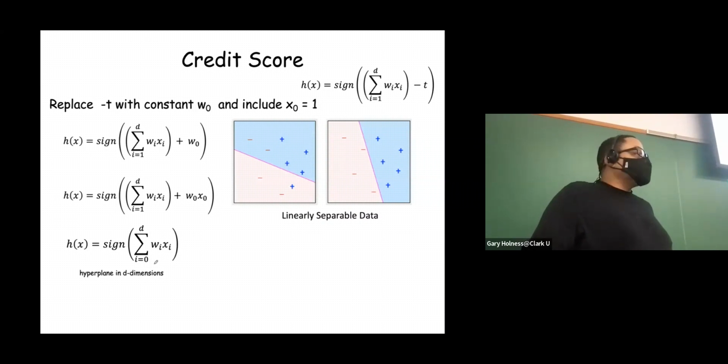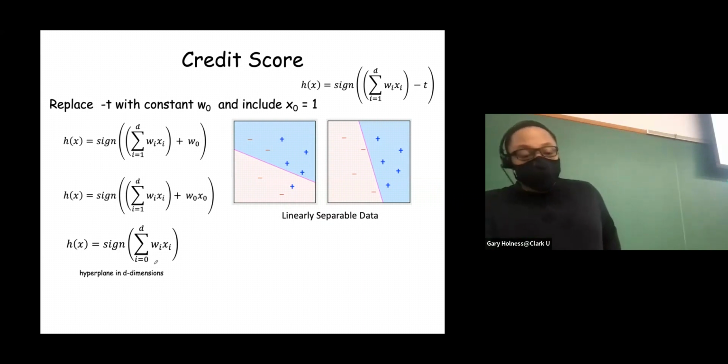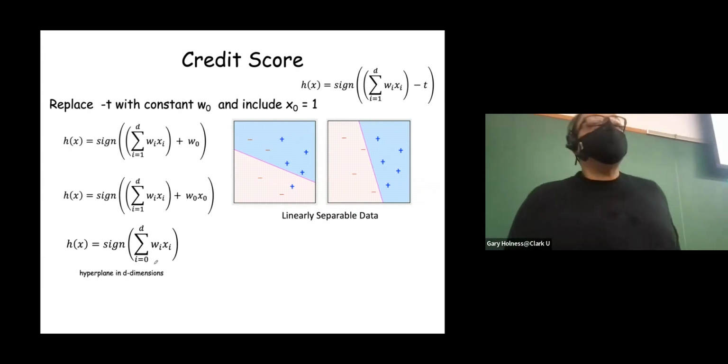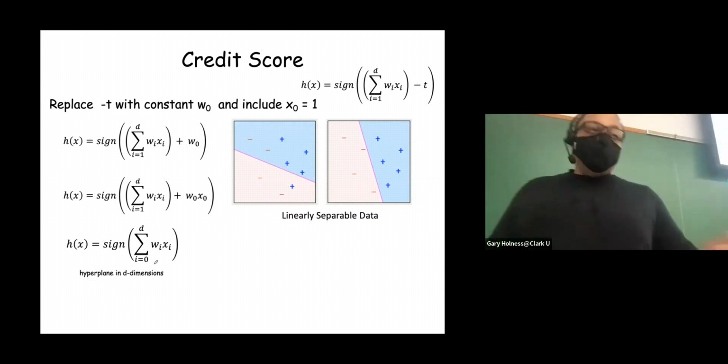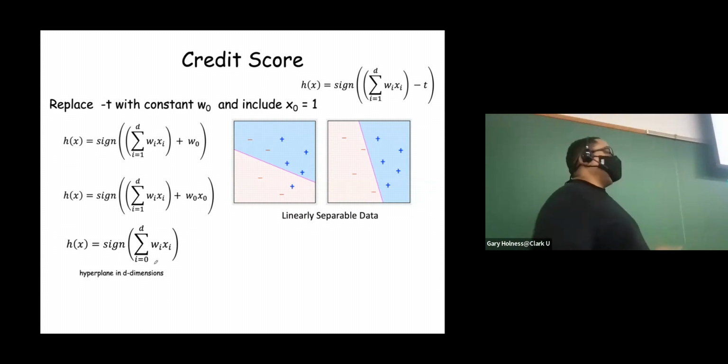Does that make sense? Any questions? No? All right. So now this represents a so-called hyperplane in d dimensions. You take your d-dimensional feature vector, you take your d-dimensional weight vector, and you augment them. How you augment them is by including a w naught and including an x naught, where x naught is fixed to 1.